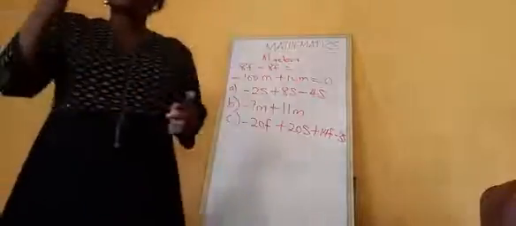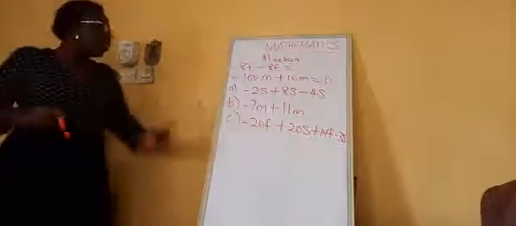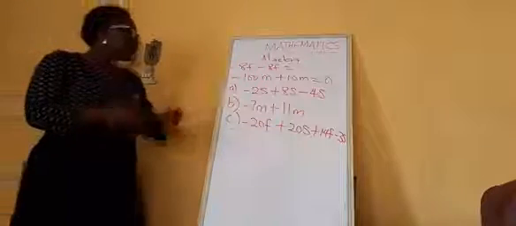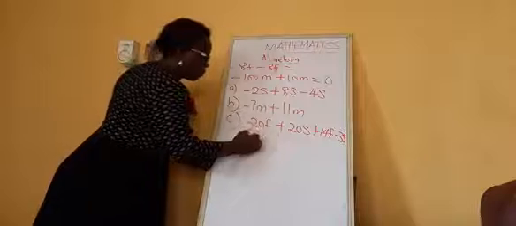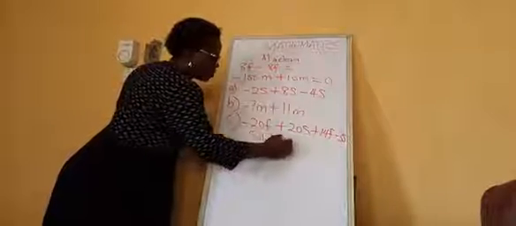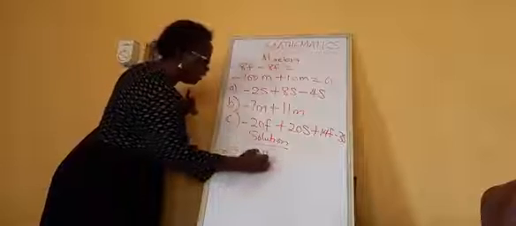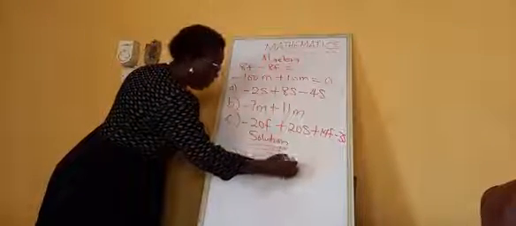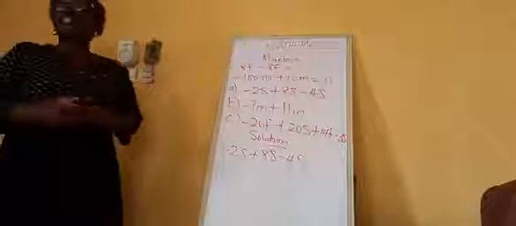Go round and check. Let's work on it. Let's start from A. Solution A now. When you have minus 2s plus 8s minus 4s, it's very simple.